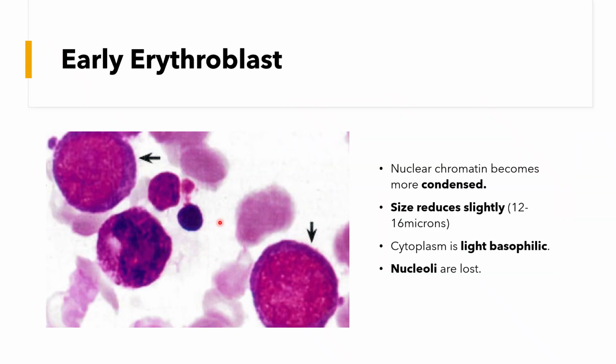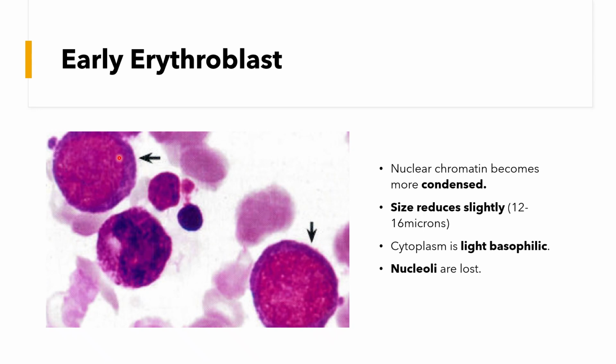After the first stage of a proerythroblast, the next is an early erythroblast. As you can compare from the previous image, the size of the cell is relatively smaller, 12 to 16 microns, and the nuclear chromatin becomes relatively more condensed. As you progress in the stages of the erythrocyte series, the size decreases, the nucleus becomes more condensed, and gradually the nucleus disappears.